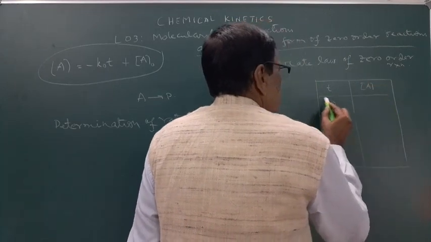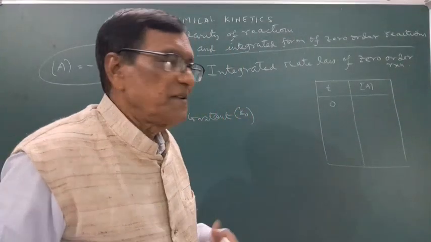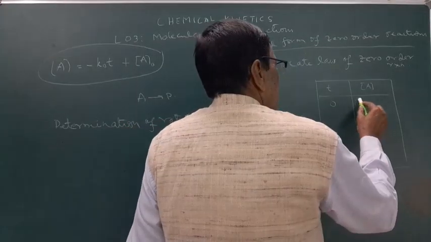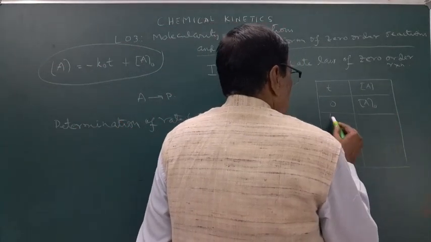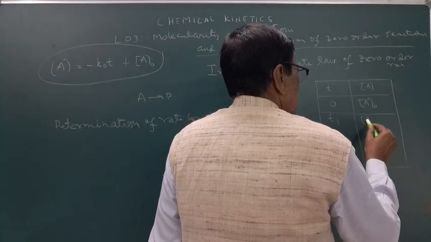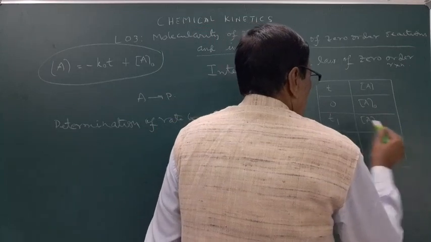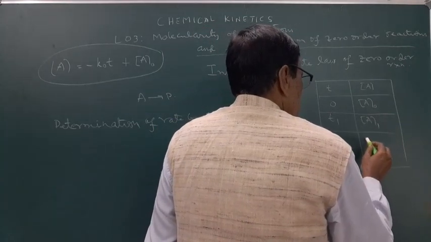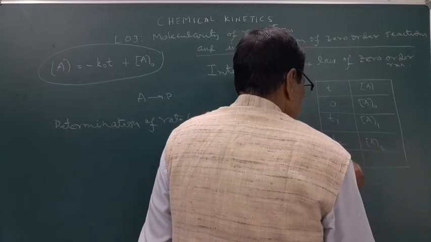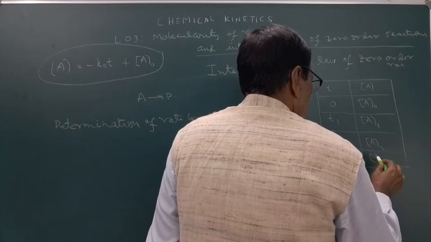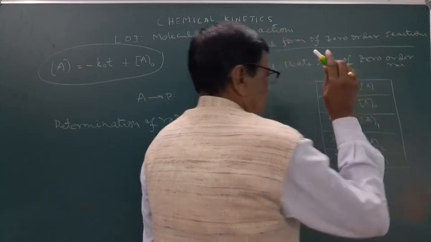Here, time t and concentration of A. Whenever time is 0, meaning initial time, it is the concentration A0. When the time is t1, concentration A1. When time is t2, concentration A2. When time is t3, concentration A3.